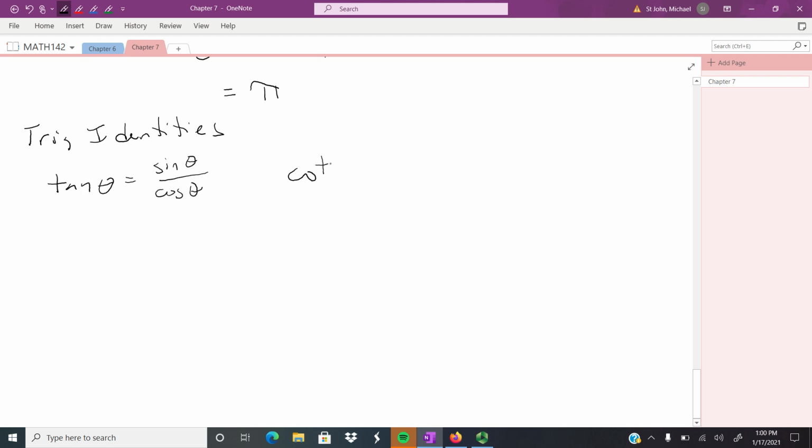Cotangent theta is cosine theta over sine theta. We then also have the reciprocal ones. So cosecant is 1 over sine.